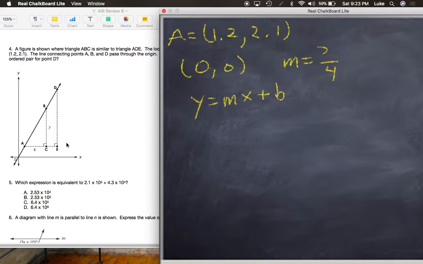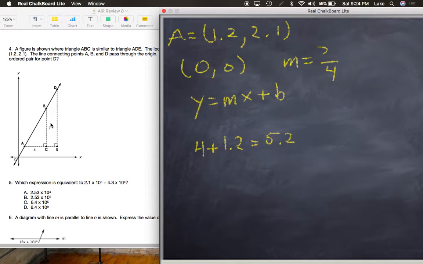So if we have 4 coming out this way, this is adding 4 to our original point here. Our original point for the x-coordinates is adding 4. So that's 4 being added to our 1.2. So our b-coordinate is going to be 4 plus our original x-coordinate 1.2, which is going to be 5.2.